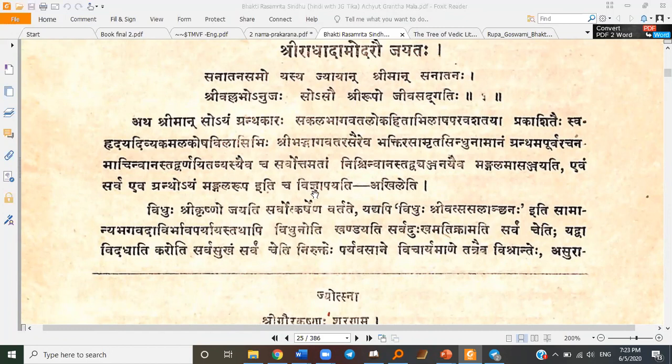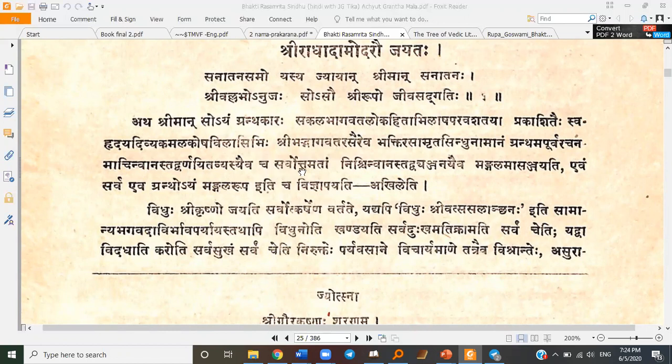So the discussion of rasas, the realization of rasas is the Sarvottam part in all the knowledge, Raj Vidya. And this Raj Vidya is the Vishaya Vastu of this book. That's why Akhila Rasamrita Sindhu, Akhila Rasa Amrita is being discussed in the very first verse here.